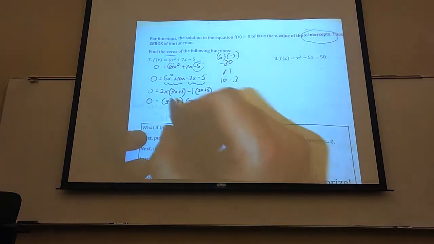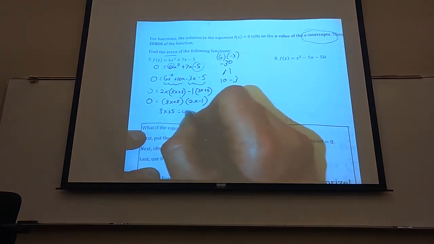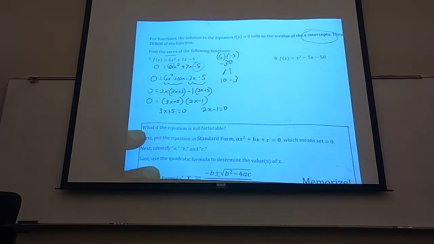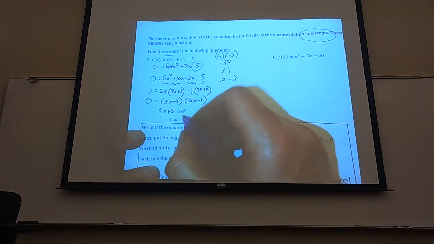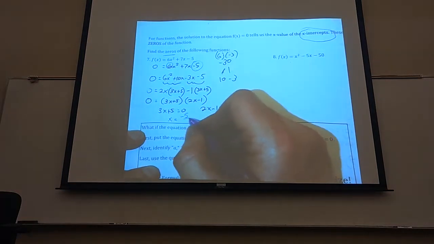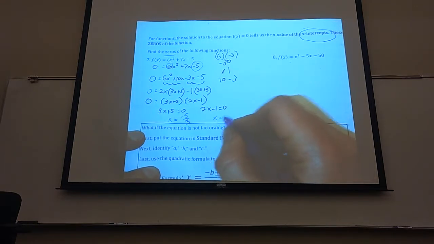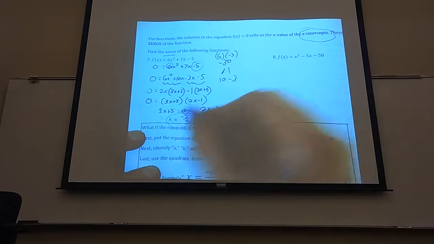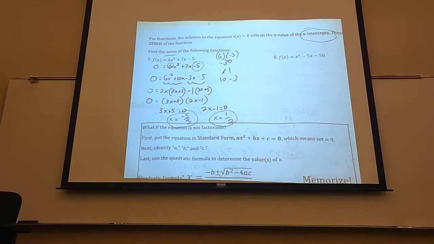And now I can set each of those factors equal to 0. I don't have a lot of room, so I'm just going to write the answer. It is negative 5/3. This is plus 1/2. Skipping steps like that's always a terrible idea. That's how you mess up your signs and stuff.